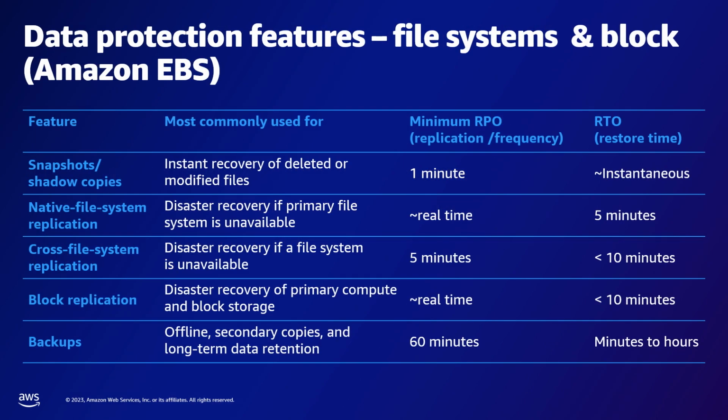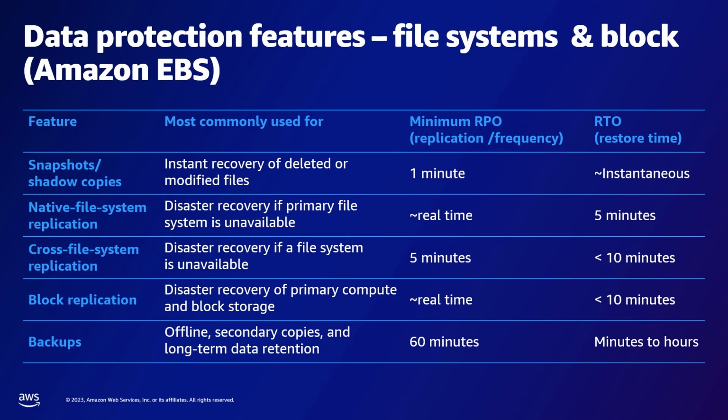Looking at some of the data protection features for file system and block storage. Snapshots and shadow copies provide the ability of near-instant recovery of deleted or modified files. Native file system replication is mainly used for DR purposes to have availability of the file system in a secondary location. Cross-file system replication is commonly used to securely replicate your data into a different storage type or mechanism.